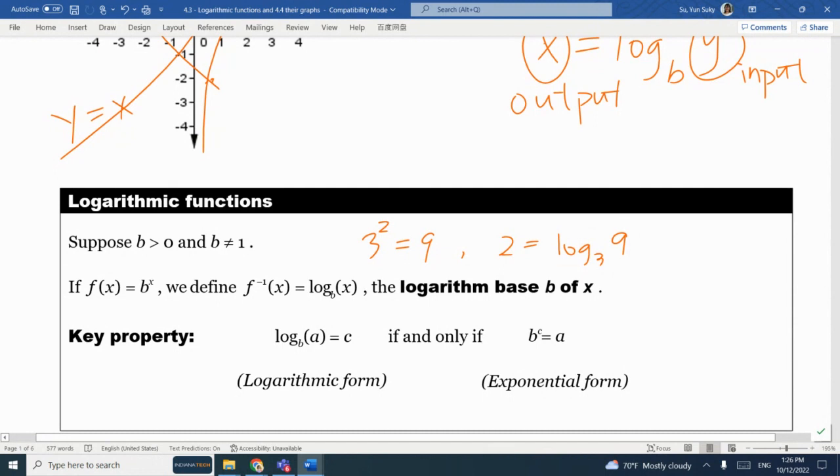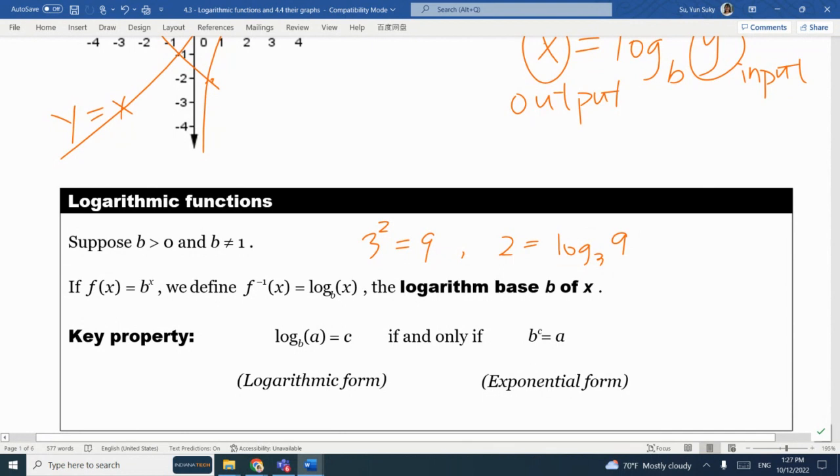So you kind of put the input to the output. The exponent 2 is going to be log 3. The base stays the same. This little number, the subscript of the log function, is the base. So 9 was the output, now it becomes the input. So that is the exponential form and logarithm form.